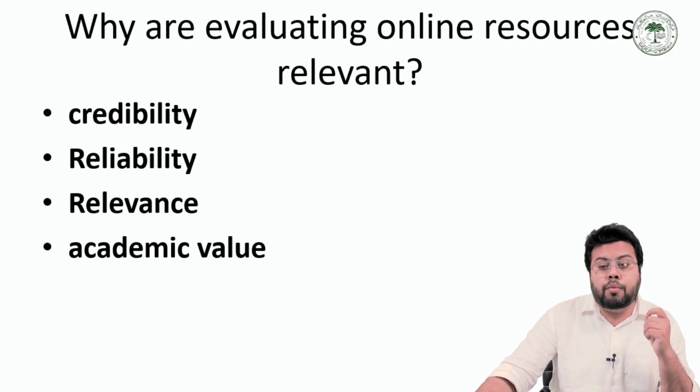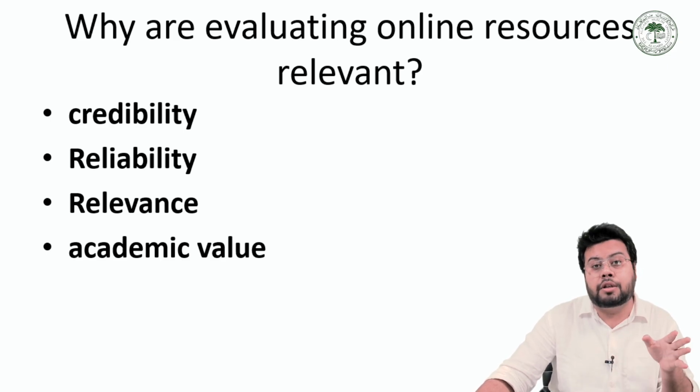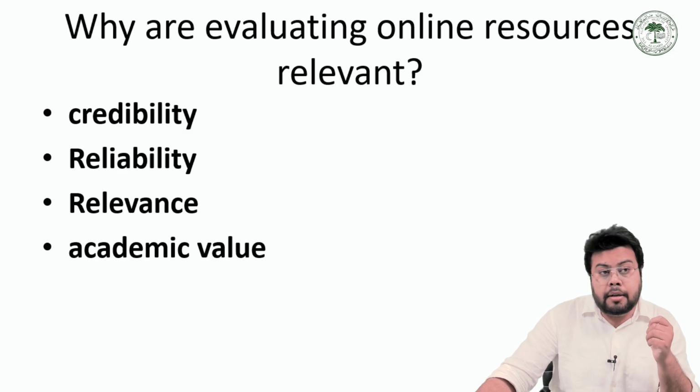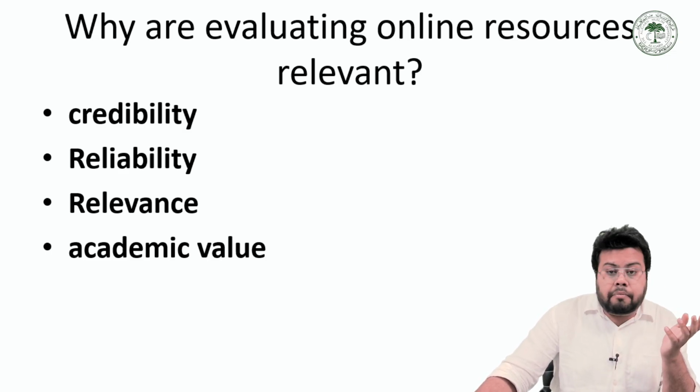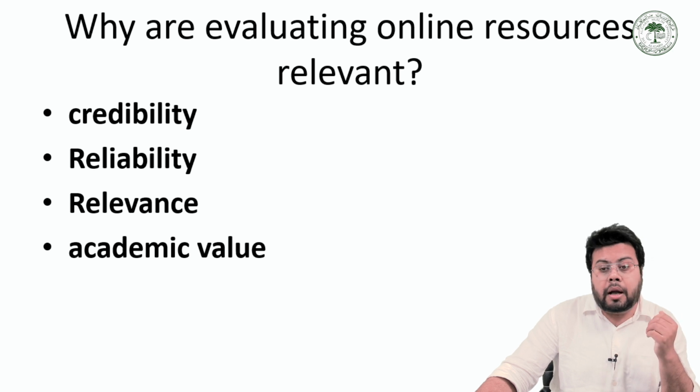Such information would not only weaken your argument but also reduce the credibility of your entire research. On the other hand, if you use verified journals, peer reviewed studies, and authoritative academic sources, your work becomes stronger, more convincing, and academically sound.